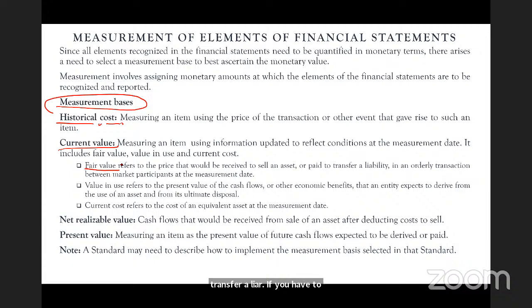But that must be between market participants at a certain measurement date. Ideally, what they are trying to say is, if you sell that car in the market right now, what can I get? If I'm to sell it, what can I get?